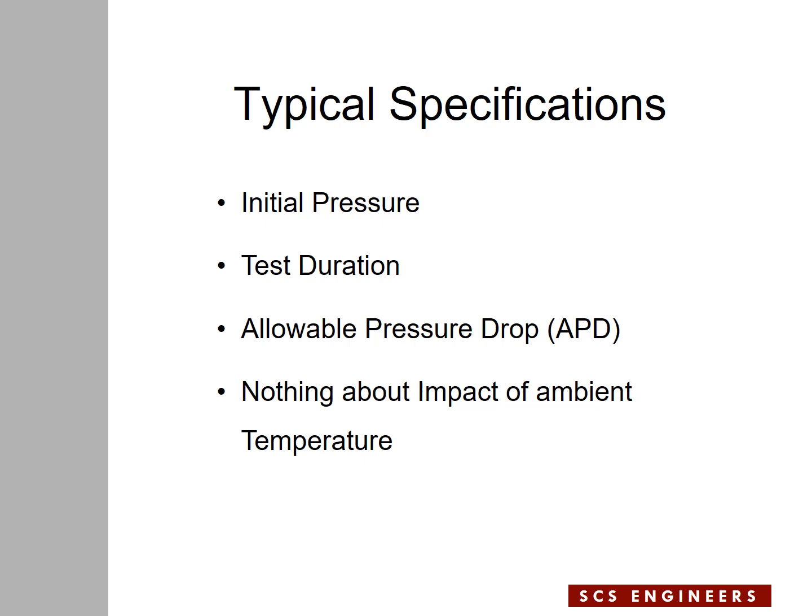But there is another parameter that I haven't seen in any pressure testing specification, and that is the impact of ambient temperature on the final results of the pressure testing. This presentation covers that angle of the specification.